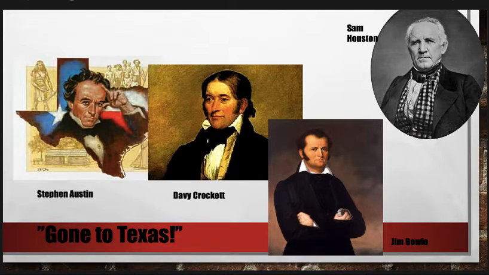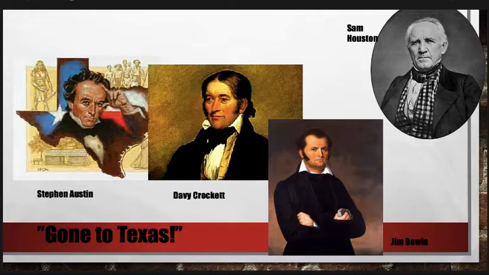Now, he also wants to continue the population of Texas, which was now part of Mexico. So what they begin to do is advertise cheap or even free land in this territory. And the people who moved there, though, had to follow certain conditions.